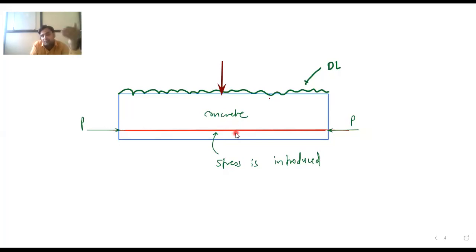That is why we use steel with concrete. So that internal restoring force or internal stress is transferred to the concrete, and then this normal concrete becomes prestressed concrete. This concrete is called prestressed concrete when this stress is transferred to it.